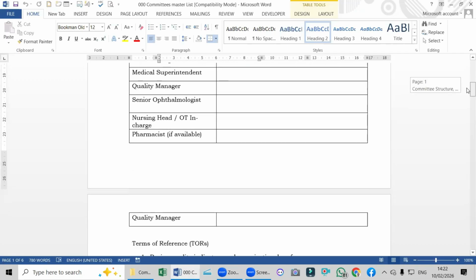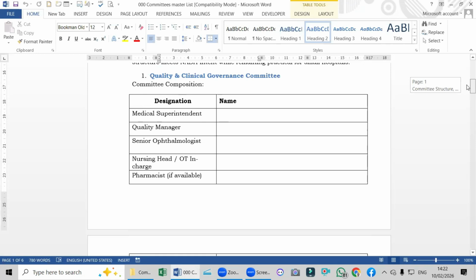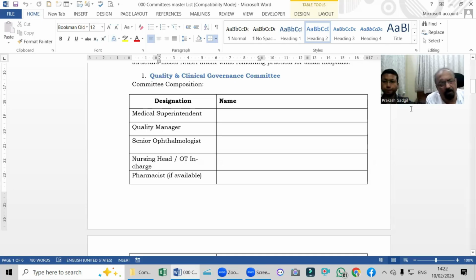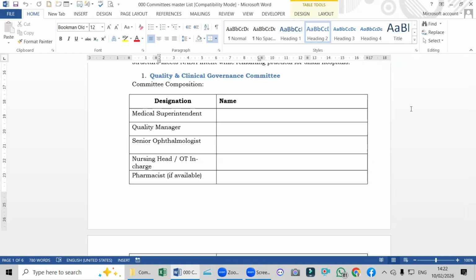Then quality manager. In any organization, the head of the organization is supposed to look after everything. He is responsible. Now, he or she cannot manage everything that is happening in the organization. That is how this concept of committees came in. So you assign the work to various people, and then you report to the owner or make a presentation, which I will come to, how to make the minutes.